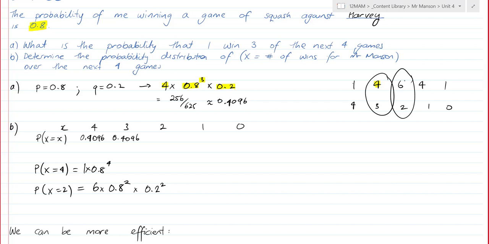0.1536, 0.1536. Yeah, I'm just rubbing it out, it's being slow. 0.1536. The probability that x equals 1 is equal to 4 ways times 0.8 to the power of 1 times 0.2 cubed. 0.256, and 1 way is what? 1 over 625.